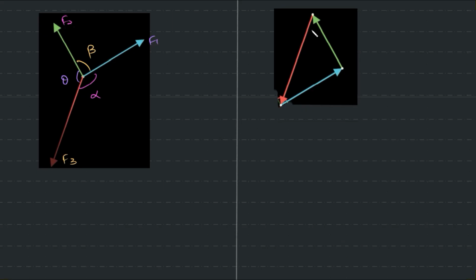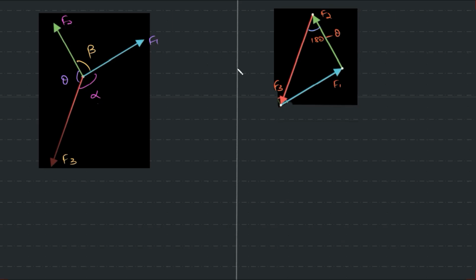Now you understand that this has to be 180. Remember, this is opposite to blue. So this is F1, this is F2, and this is F3. Opposite to F1 is theta, so this has to be 180 minus theta.